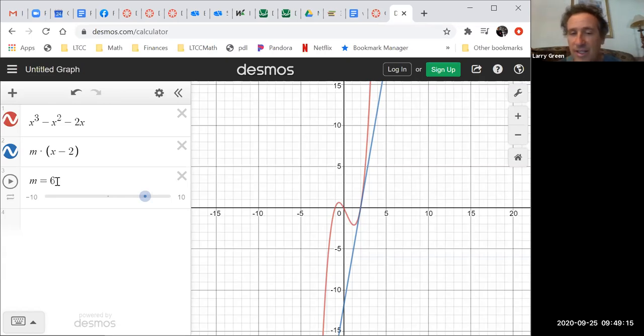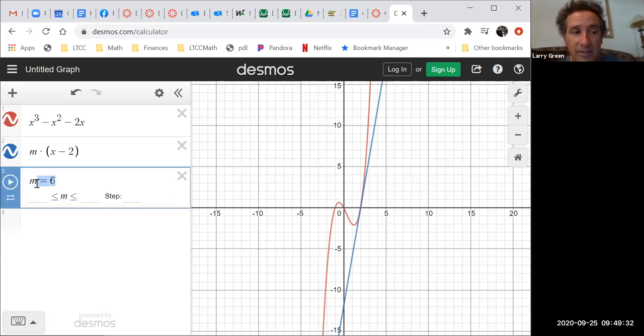This isn't using the full formal definition. And that says that the derivative of x cubed minus x squared minus 2x evaluated at x equals 2 is approximately 6 from what we can look at. We'll find out later, not today because I don't want to go through a whole cubic, that it is exactly 6.